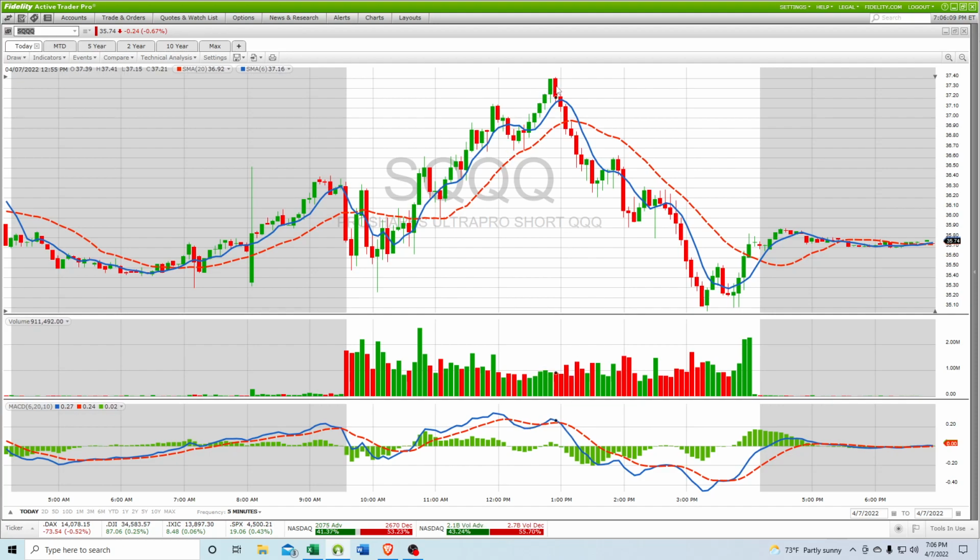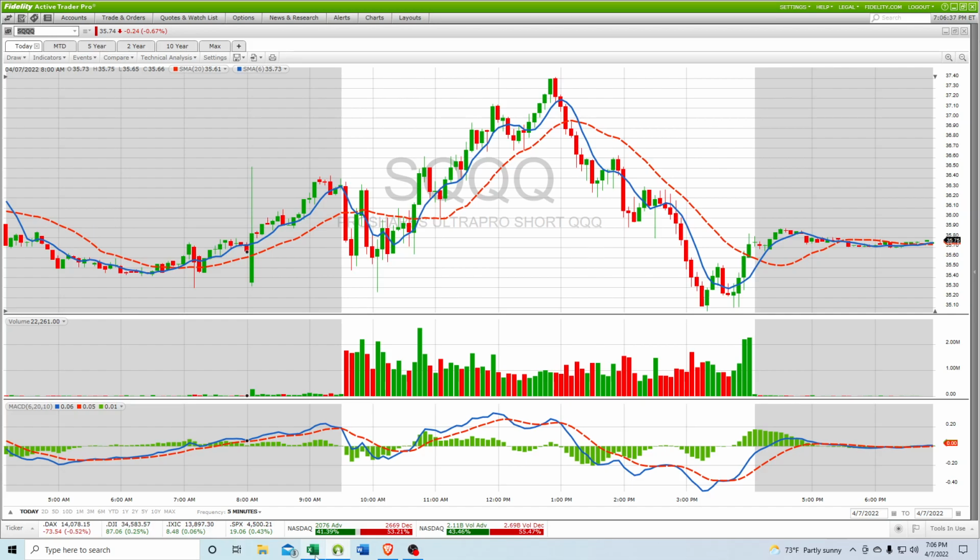Usually you get a double peak, like I didn't get stopped out here because it didn't go down below this red dotted line here. And sometimes I have this line colored red or blue, and sometimes I have this line colored red and this one blue. So the colors don't matter to me. I'm looking at what is happening out there.